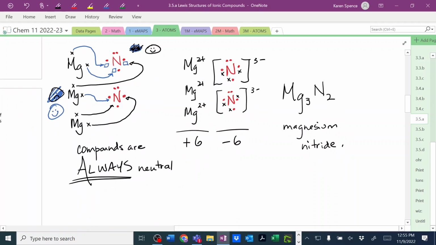All right. Now, let's say you didn't want to write out all of this. You could also say 3 Mg2+, and you could write 2 N3-.